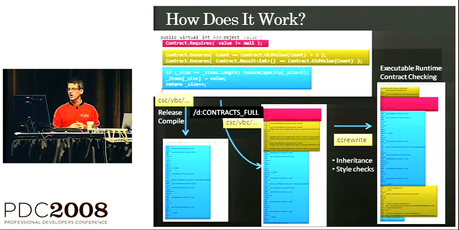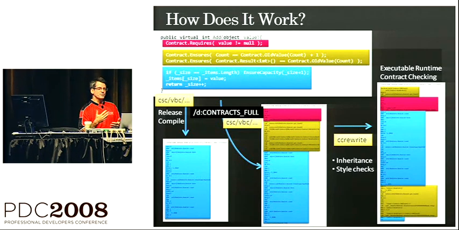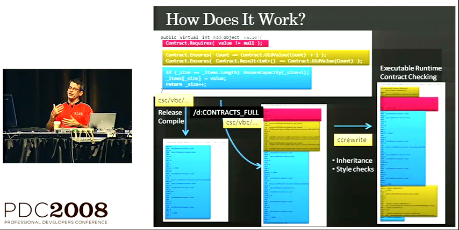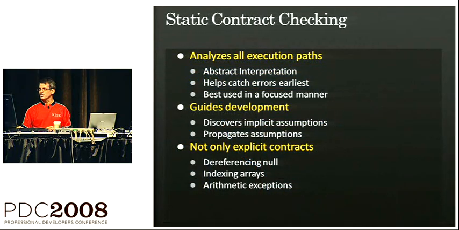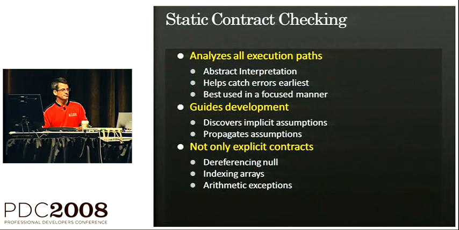And then our tools come along, look at the binary, figure out which parts of the ensures contracts represent old values from the pre-state, inject code at the beginning of the method to store those away, check the preconditions, run the code, check the postconditions, check the object invariant if you've defined one, and does this for inheritance when you have a subtype, as you saw in the demo, and make sure that your contracts are all formed correctly.